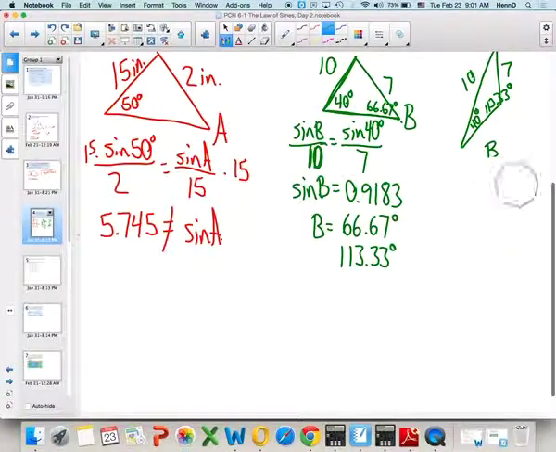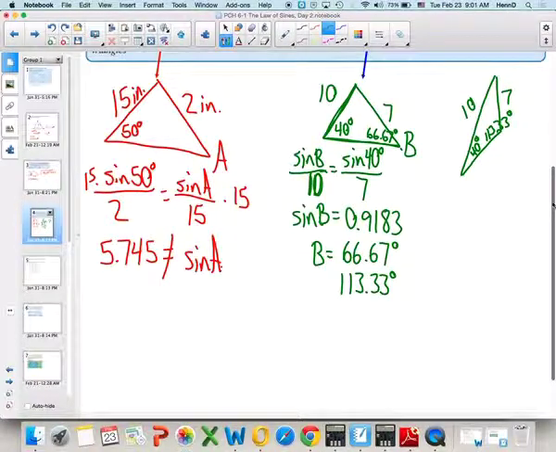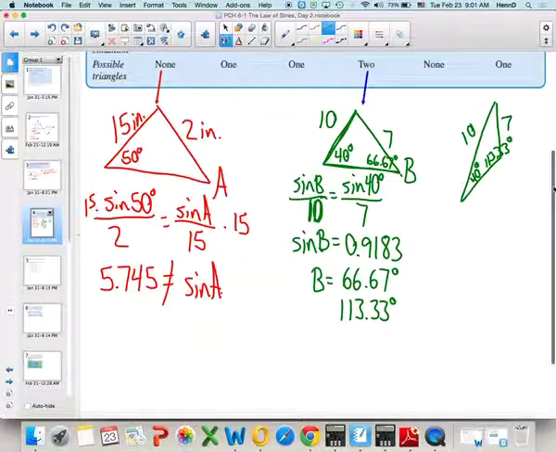So we have two different possibilities of what this triangle could look like. Obviously, that'll change what the third angle is, and also what the third side is.